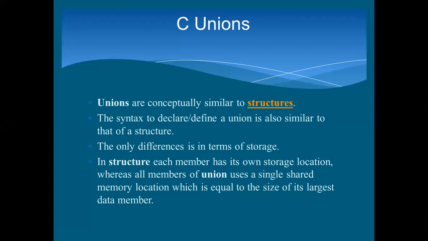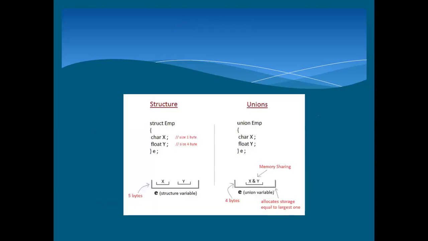The only difference is in terms of storage, that means the memory. In structure, each member has its own storage location, whereas all members of union use a single shared memory location, which is equal to the size of its largest data member.